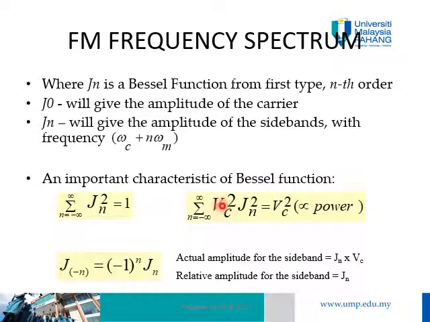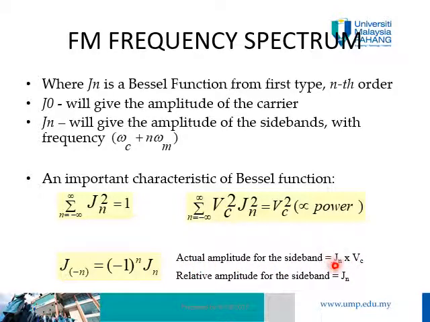An important characteristic of the Bessel function is that the sum of J²n equals 1. Okay, so this is the important characteristic of the Bessel function. The actual amplitude for the sideband is Jn multiplied by Vc.